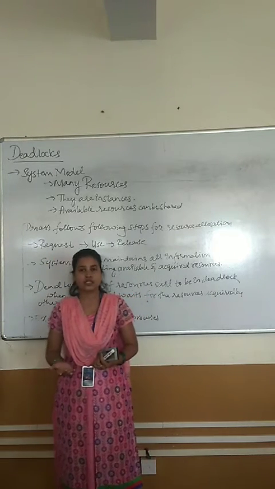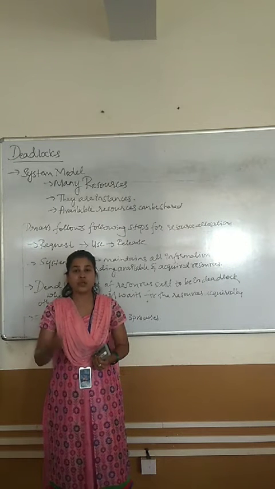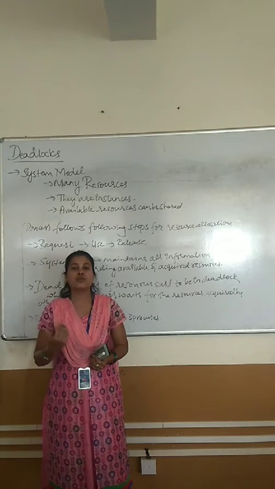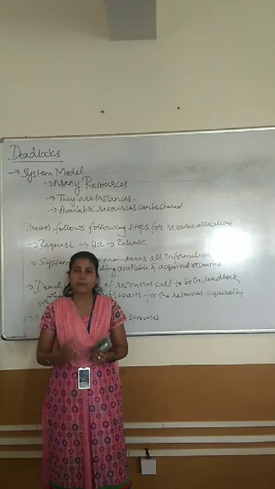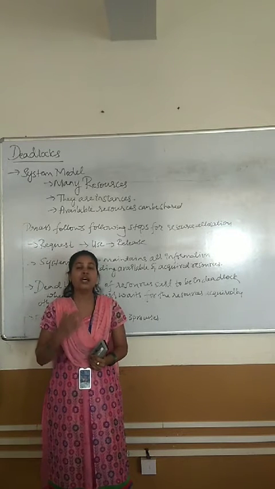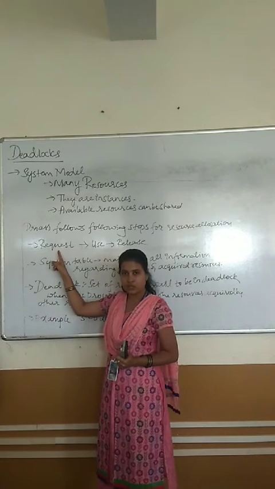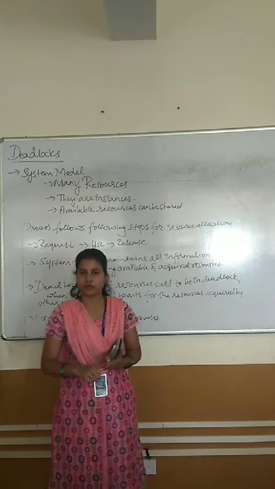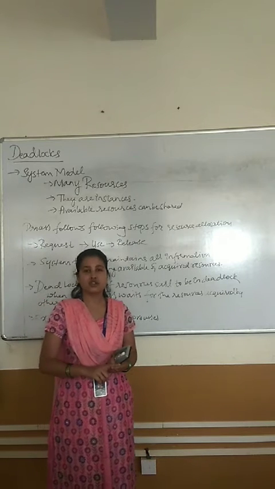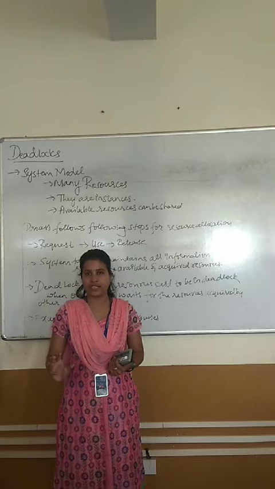In the previous module we have seen different types of system calls; request is one of them, and release is another. Once it requests the resource, if the resource is available, it will be given to that process. If the resource is not available, the process will be kept in a waiting queue.